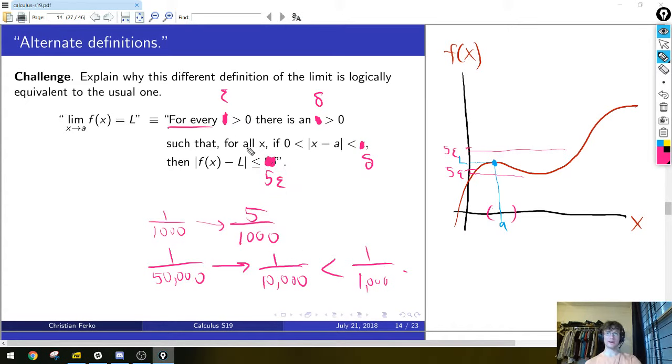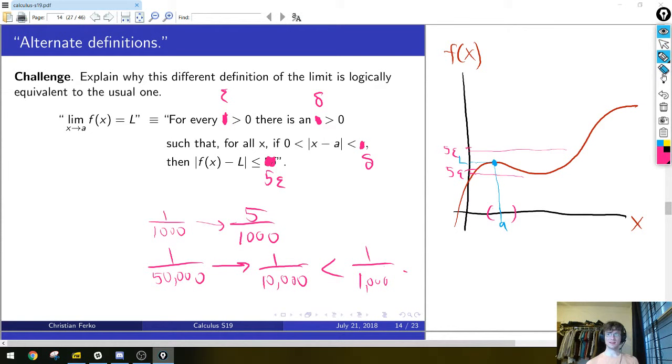But since it holds for every epsilon and you divide it by 10, your error is still going to be about half of what you wanted it to be. That's why it doesn't matter. Does that make sense? Yes, as I try talking without the mic on.